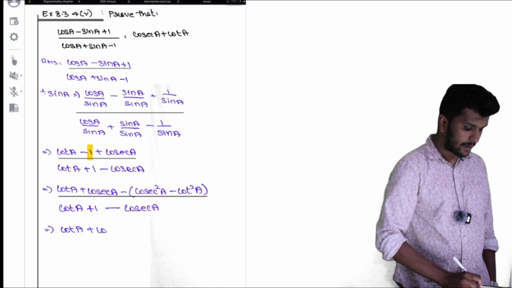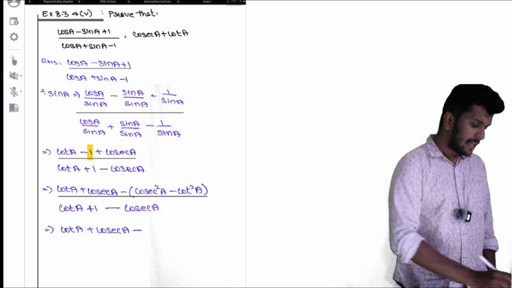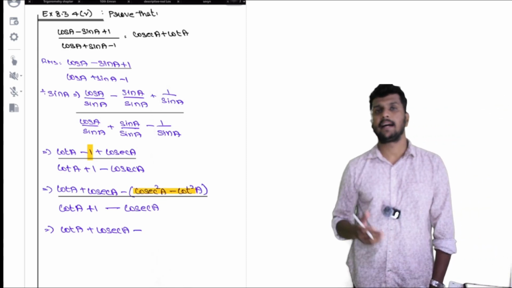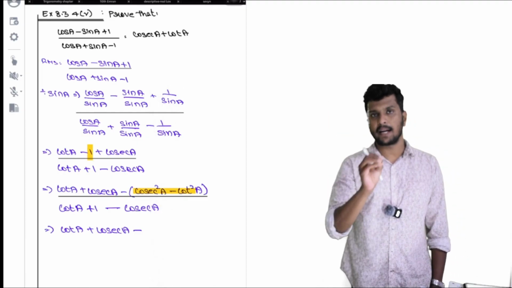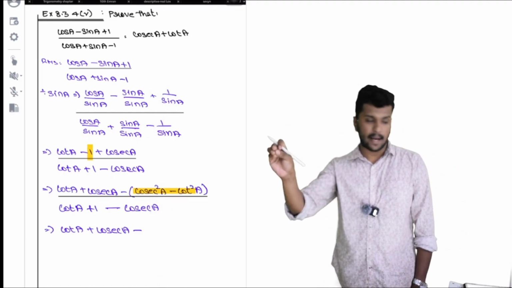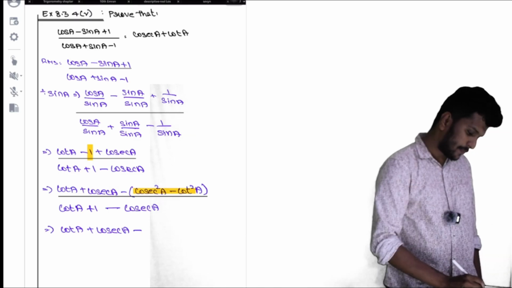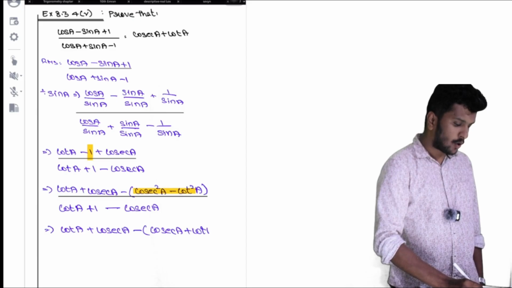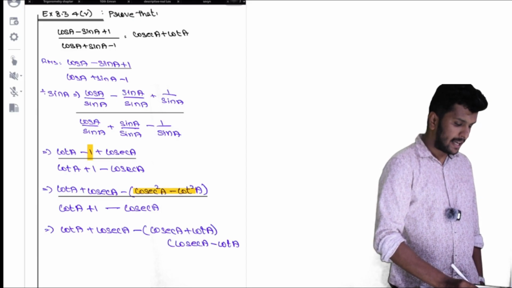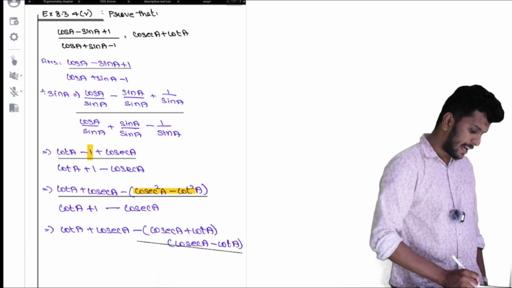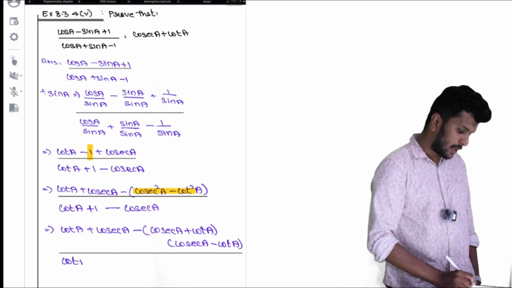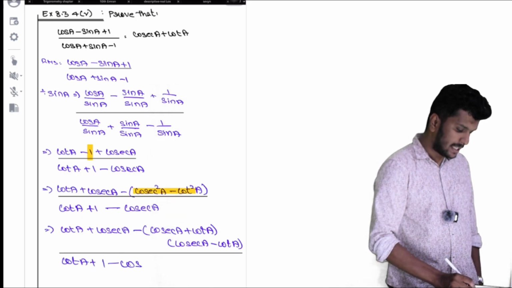Cot A plus cosec A minus, now look here, cosec square A minus cot square A, how can we write? A square minus B square, we can write as A plus B into A minus B. So that implies (cosec A plus cot A) into (cosec A minus cot A), whole divided by the same denominator, cot A plus 1 minus cosec A.